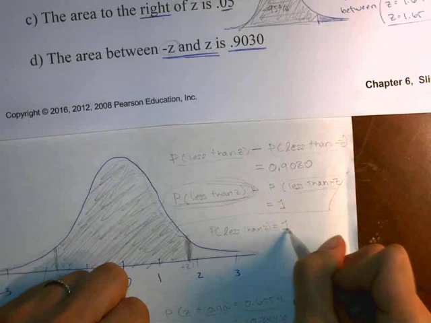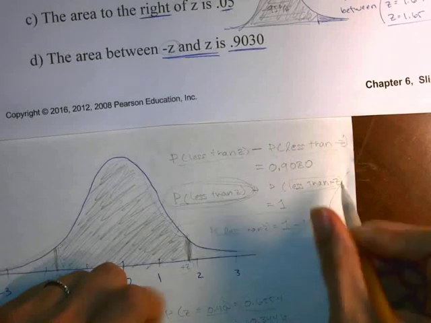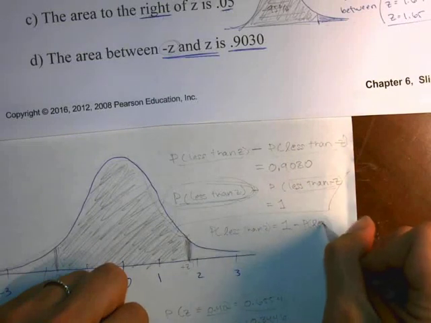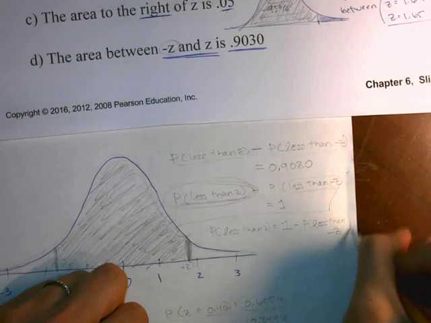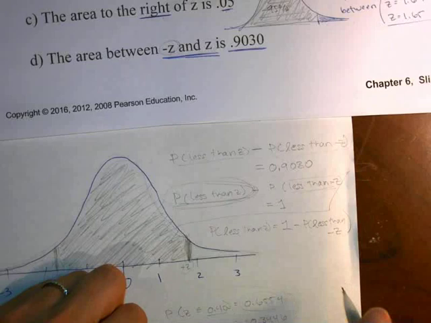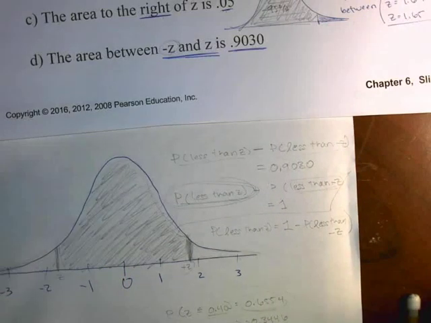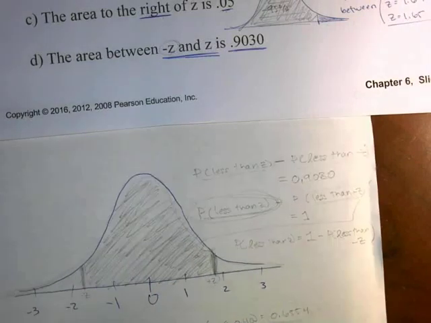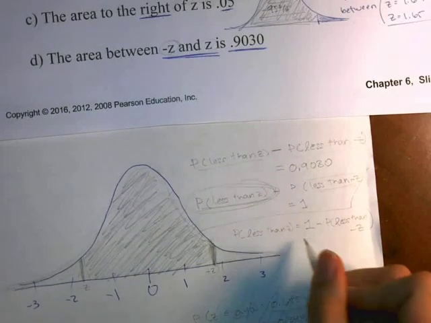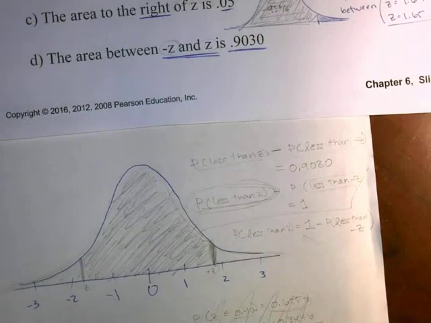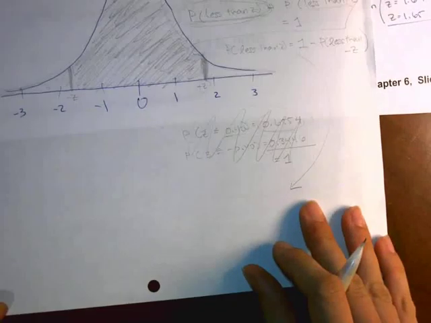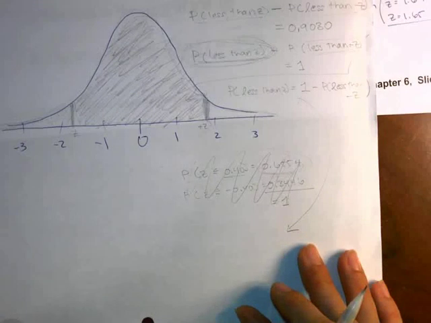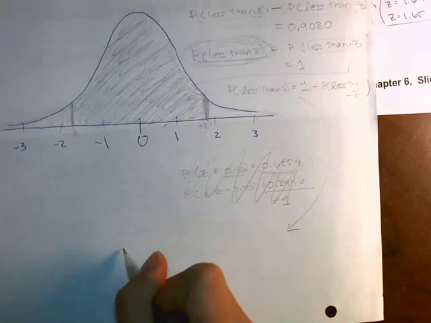So if I solve this, I get that p of less than z is 1 minus p of less than negative z. We don't need this anymore, so I'm going to cross it off, so this is a little more straightforward. So we'll hop down here next.